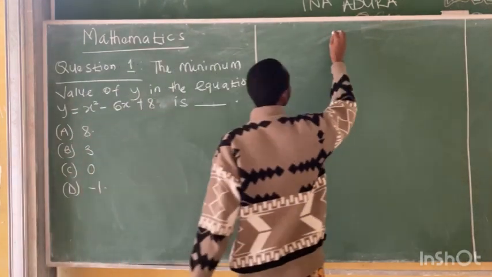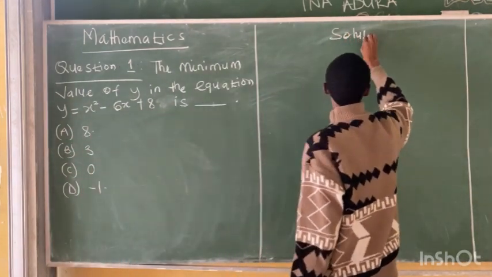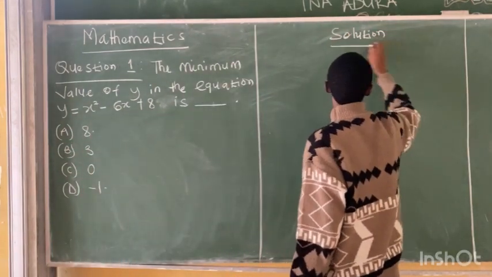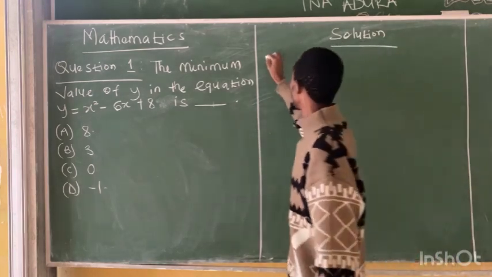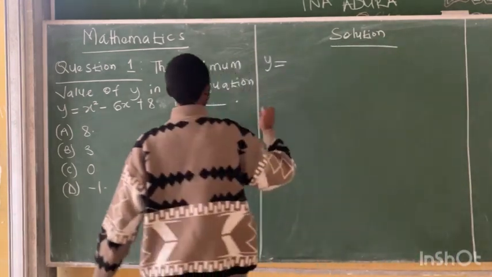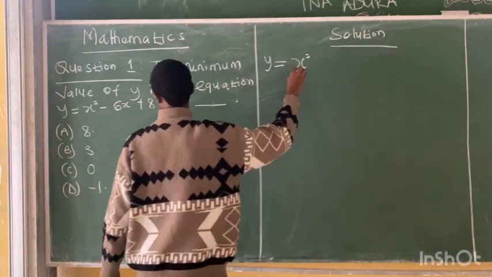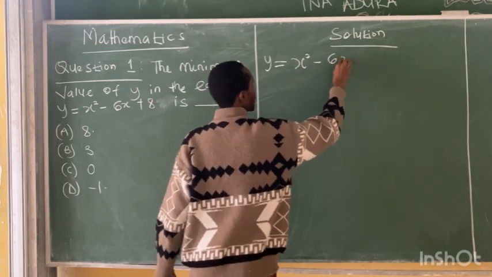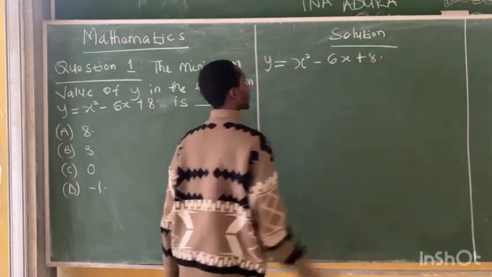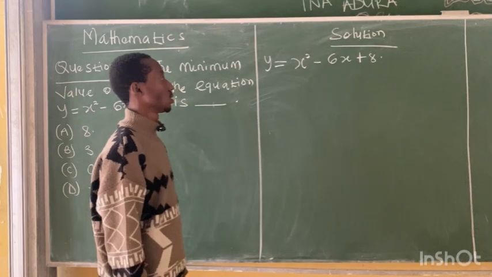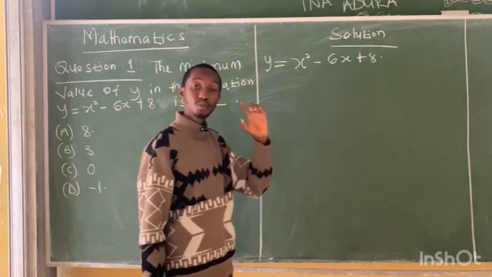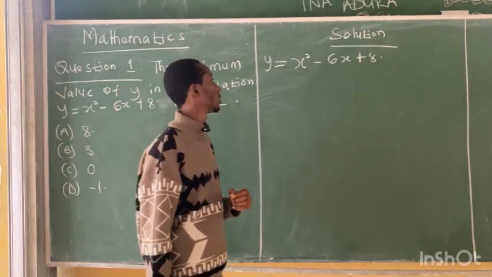Solution. The equation we have says y is equal to x squared minus 6x plus 8. This question is a typical quadratic equation.